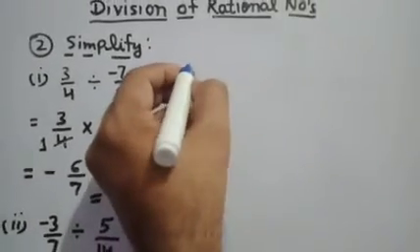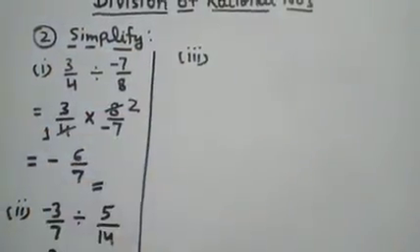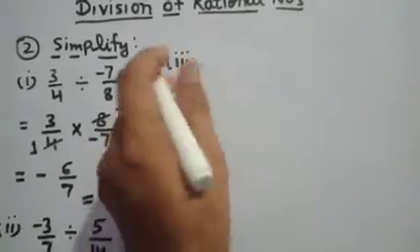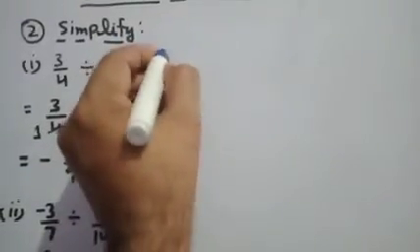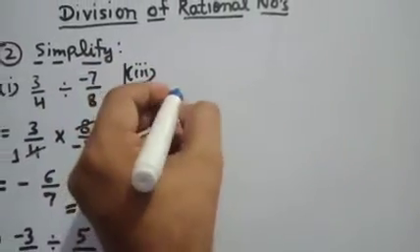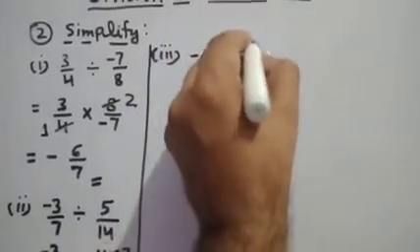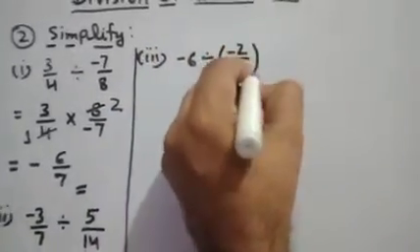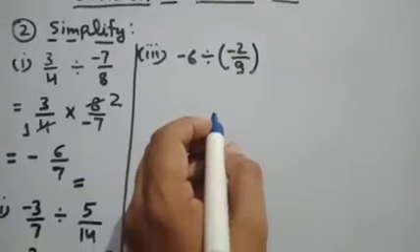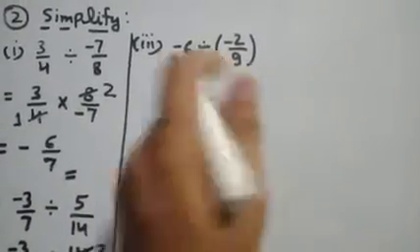Now the third one. The third part is minus 6 is divided by minus 2 upon 9. Student, just remember we have to take the reciprocal of the divisor.